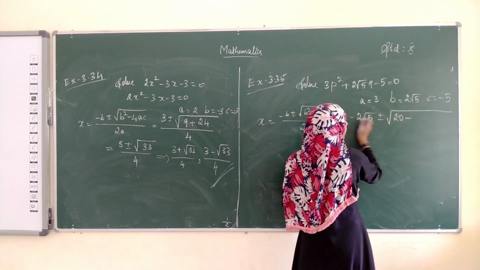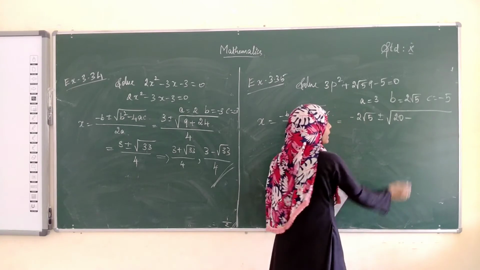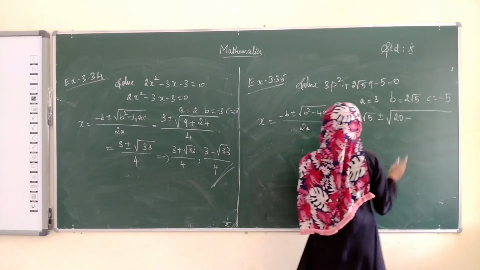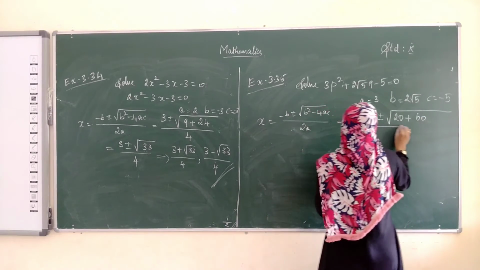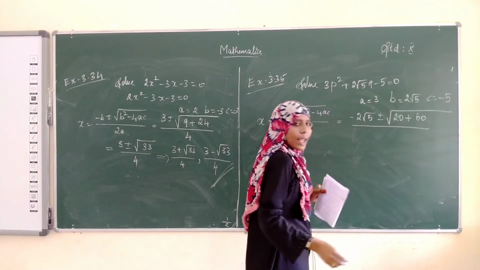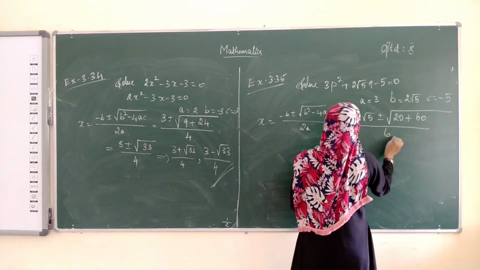That is, we have minus here, therefore minus 60. Already we have one minus, therefore minus into minus plus, therefore plus 60 divided by 2 into a. 2 into a is 2 into 3, that is 6.